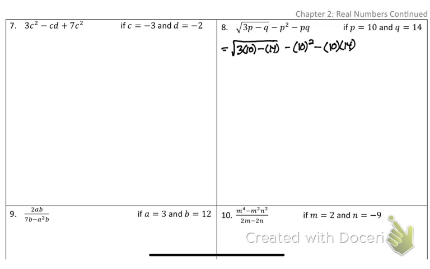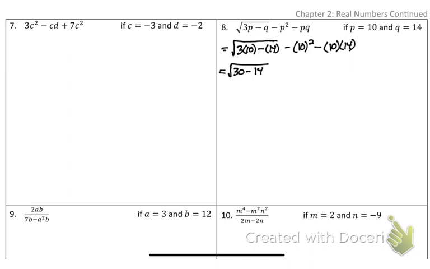Good. Okay. Now, do you see the square root? That works just like a square or even a parenthesis. You have to do this first. What's under the square root, you have to simplify first. So the first thing I'm going to do is 3 times 10. Well, that's going to be 30.